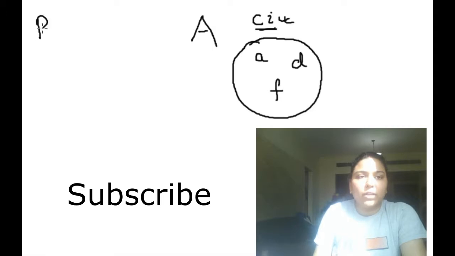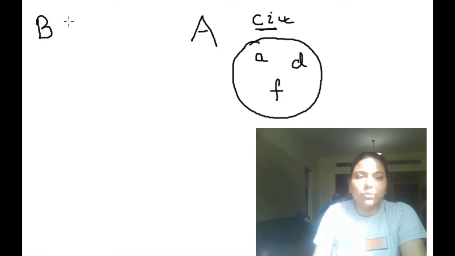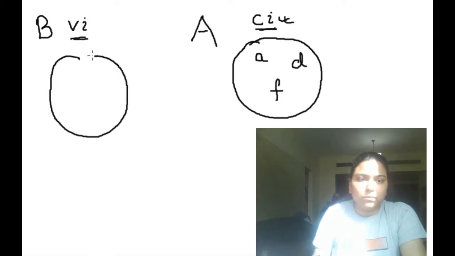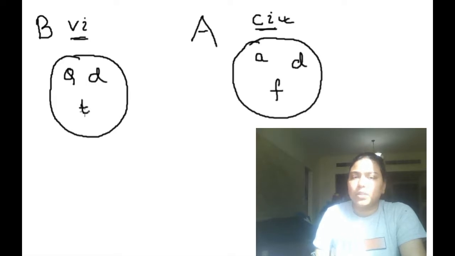And we have another set of children who like vanilla flavored ice cream, and the names of the children start with Q, D, T. These are the set of students.